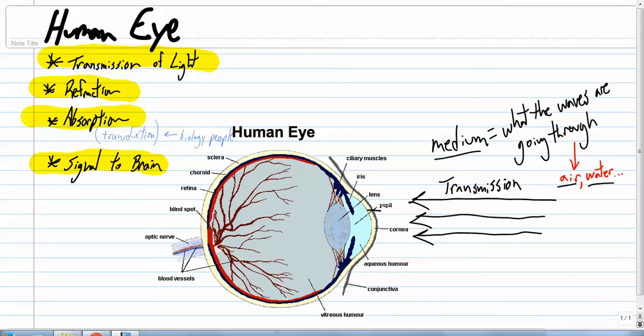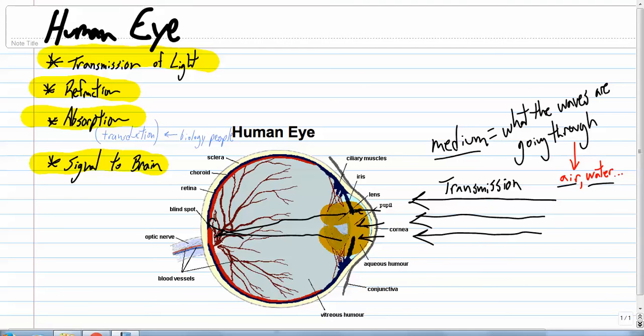These waves come in, and unless they're coming in at a perfect 90-degree angle, these light rays get bent. They go through the lens and these other eye parts here, and those light rays get bent, and they cross over like this. And in this neighborhood, let me switch colors, let's say orange.